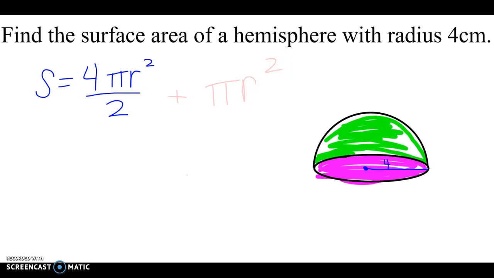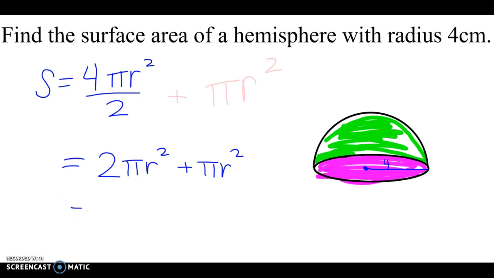So it's just a circle. Now we can simplify. We've got 4 pi radius divided by 2. So how many pi radiuses do we have? 4 divided by 2 is 2. So now I have 2 pi r squared plus another pi r squared. We can condense that even more.